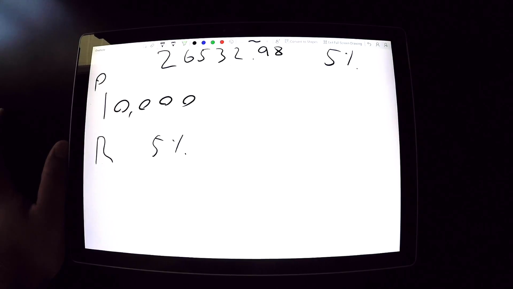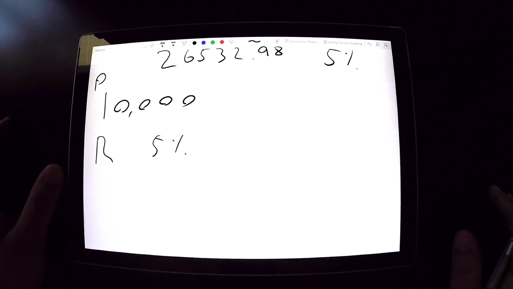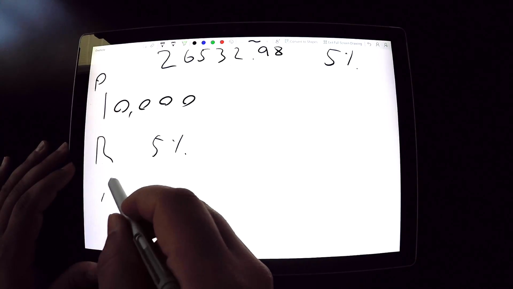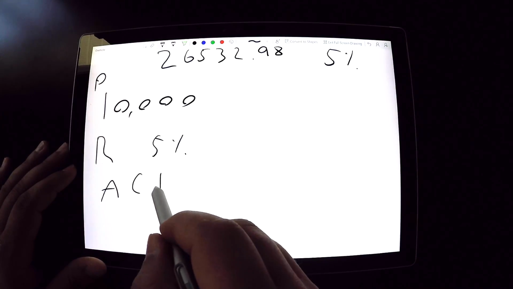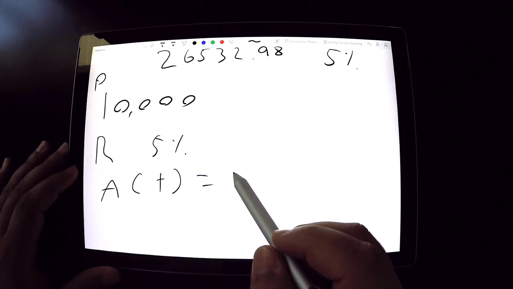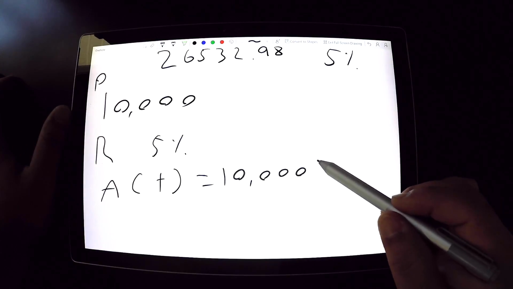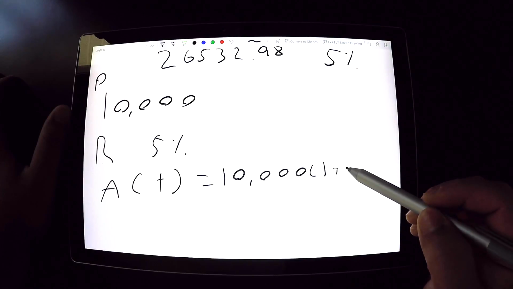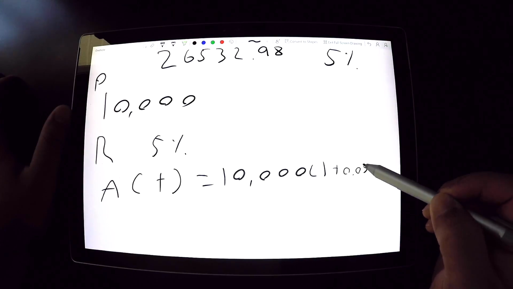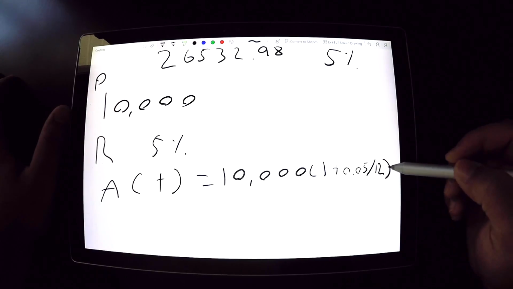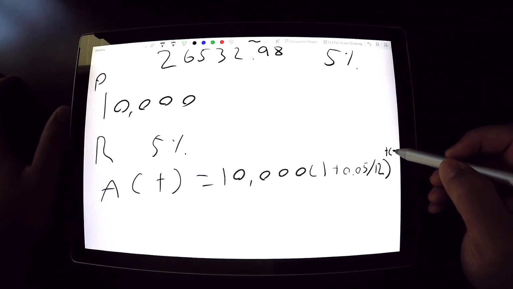There are 12 months in a year, so what we do is replace n with 12. Plug it in: A of t equals 10,000 times (1 plus 0.05 divided by 12) to the power of t times 12.